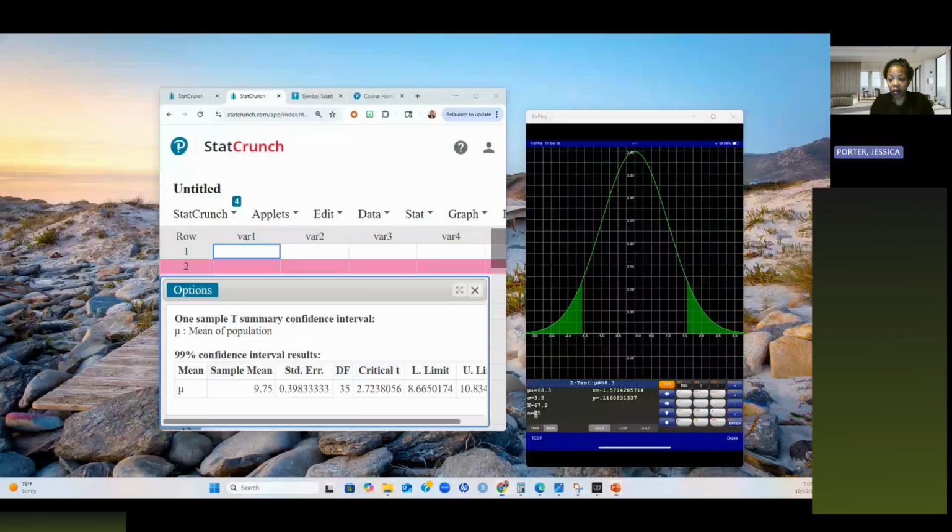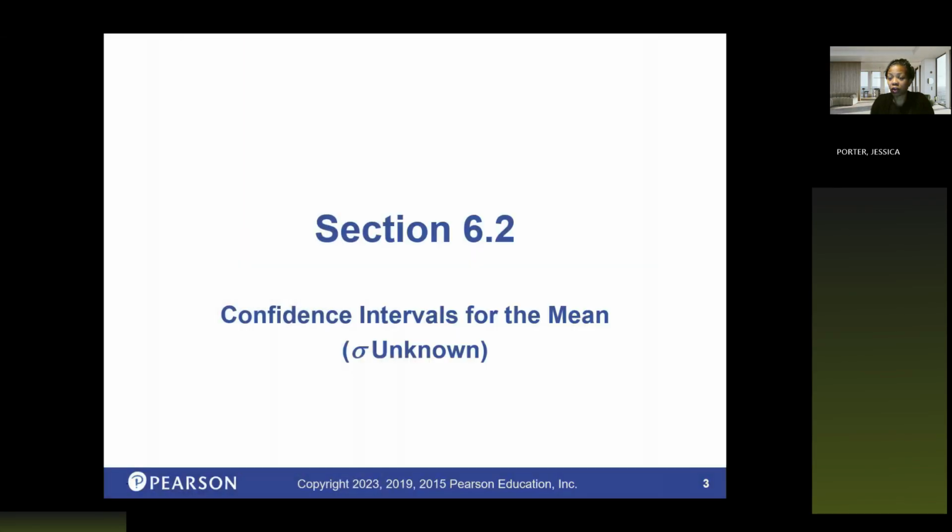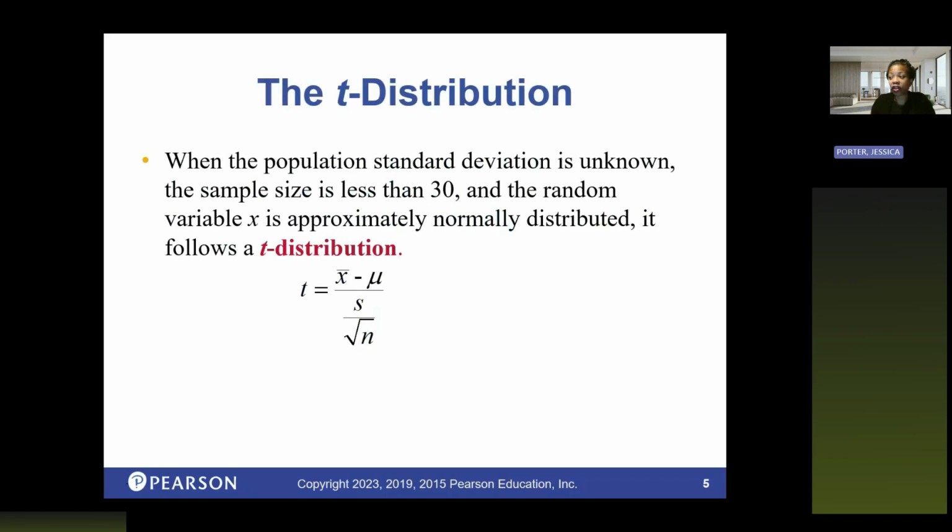And now we're going to skip over to this week, where we're talking about confidence intervals, where the standard deviation of the population is not known. And this section should go fairly quickly.